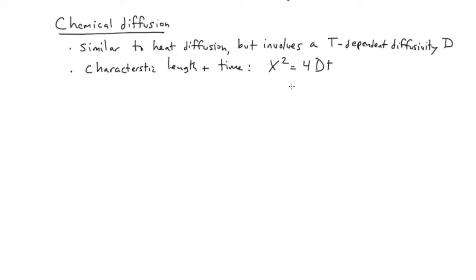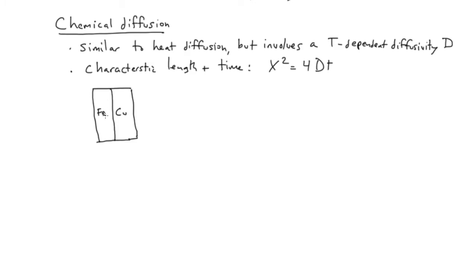So this makes sense. With heat diffusion, we had a diffusivity small k that was related to what the material was. So copper was much more diffusive than rock. But you can imagine a situation where, I heard about a sculpture once where they had a layer of, I forget what the two metals were, maybe copper and iron or something like that.